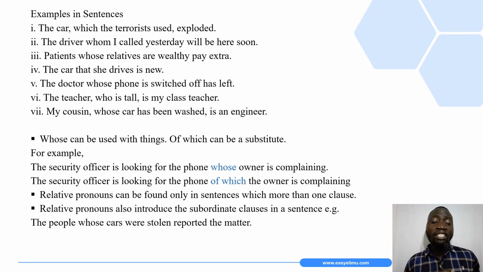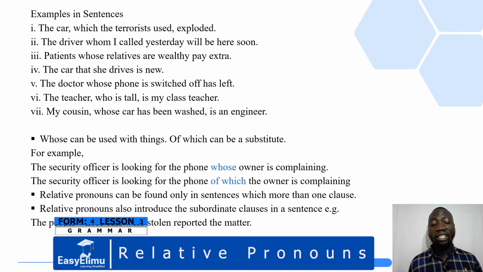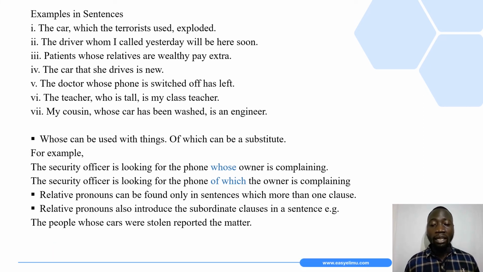Relative pronouns can be found only in sentences which have more than one clause. Relative pronouns also introduce the subordinate clauses in a sentence. An example to illustrate this: The people whose cars were stolen reported the matter.